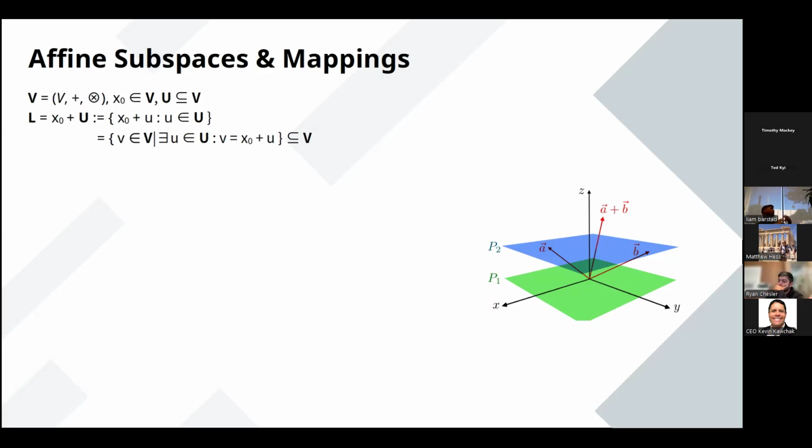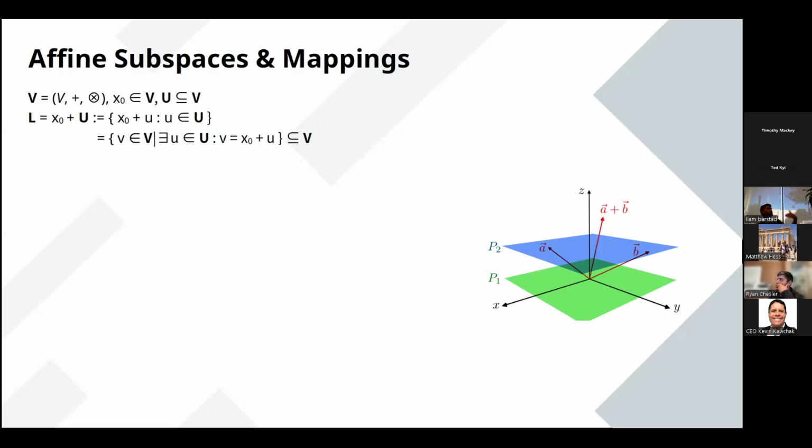With a vector space V, with vector addition and scalar multiplication, an x0, which is a vector within V, and where U is a subspace of V, then L, this affine subspace, is basically x0 plus U, which is equivalent to x0 plus u for every u in the subspace U. I'm not going to talk about the last part, that's from the book, but you see what I mean?